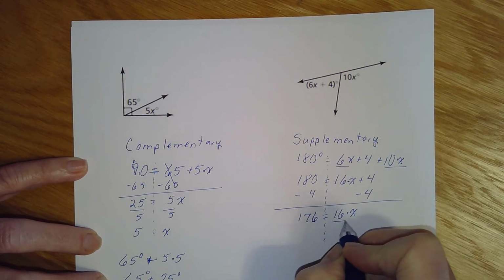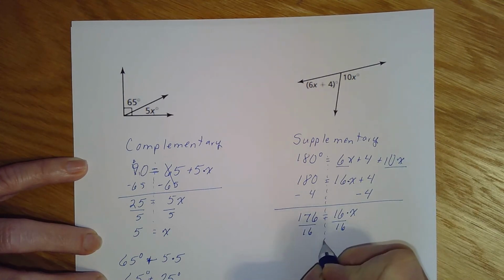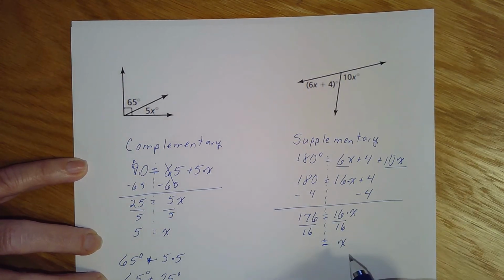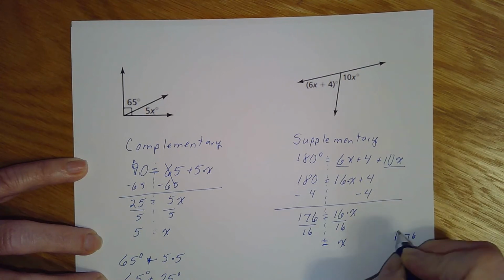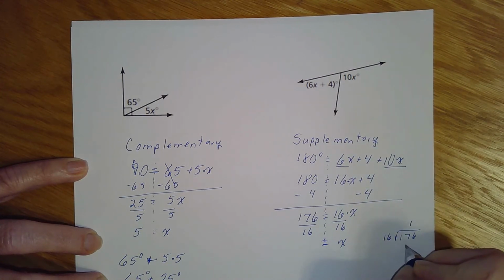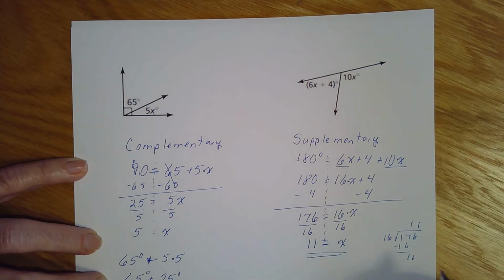Now I'm going to divide both sides by 16, and I'm going to be left with x equals 176 divided by 16. 16 goes into 17 one time. X equals 11. So we've answered the question for x.